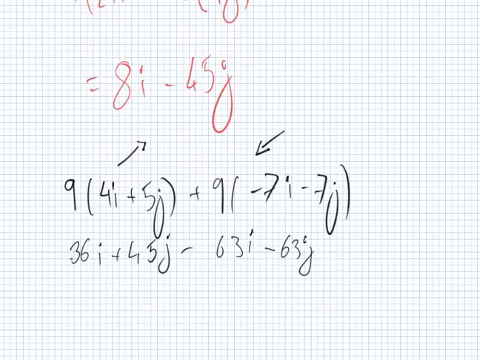So in total, minus 27i and minus 18j. So when you multiply and add these vectors together, the result will be a vector that's quite large and negative in the I and the j.